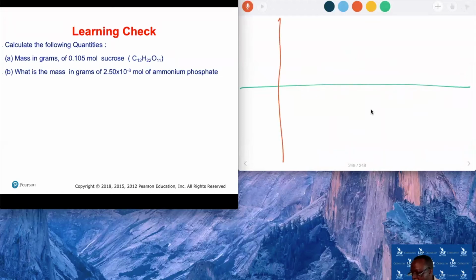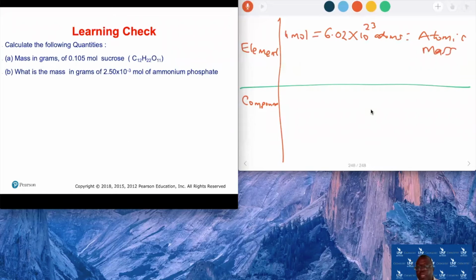If you are dealing with an element of the periodic table, one mole of an element equals 6.02 times 10 raised to 23 atoms, which equals the atomic mass.